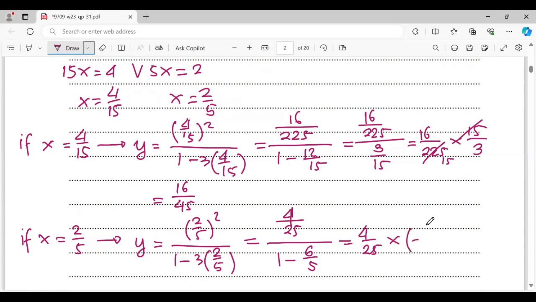So times minus 5 gives minus 4 over 5. So if x equals 2 over 5, y equals minus 4 over 5.